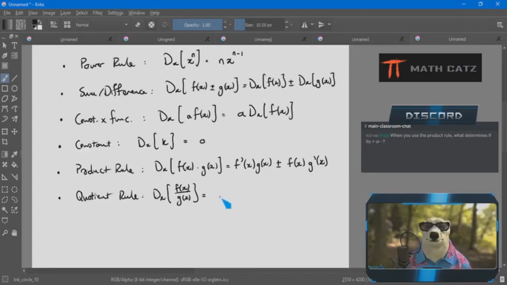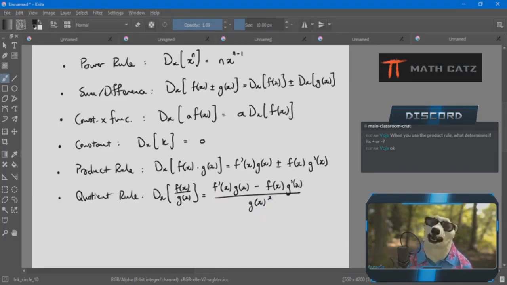Then the formula or the property just gets worse and worse and worse. It has a similar look to the product rule. The derivative of the top times the bottom. Now it's a minus the top times the derivative of the bottom. And then I'm creating another fraction, and it's over the bottom function squared.